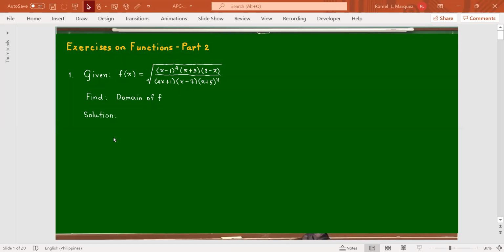This is a square root, and we know that if it is a square root, we do not want the radicand to be less than 0. Am I right?